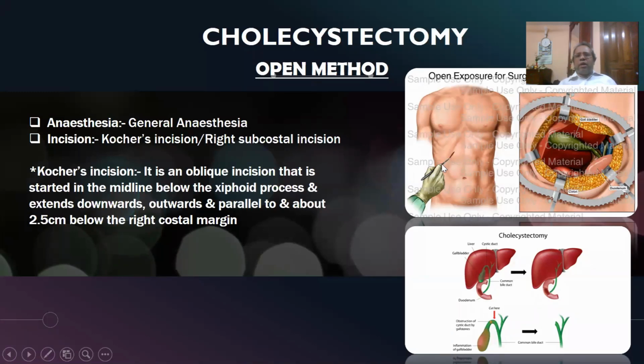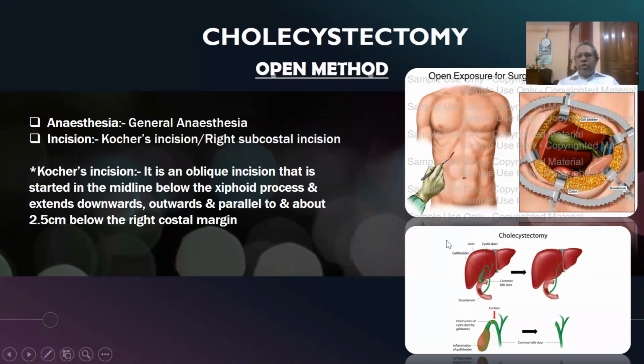It is an oblique incision started in the midline below the xiphoid process and extended downwards, outwards, and parallel, about 2.5 centimeters below the right costal margin, usually up to the anterior axillary line. Sometimes if it is difficult, you can go up to the mid-axillary line. It depends upon the exposure demanded for the operation field. So this is about the incision.